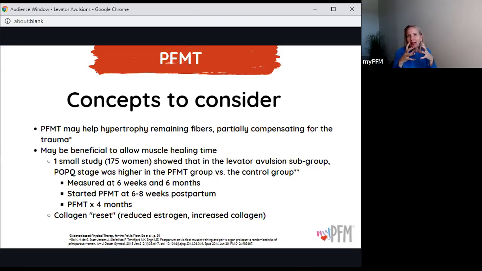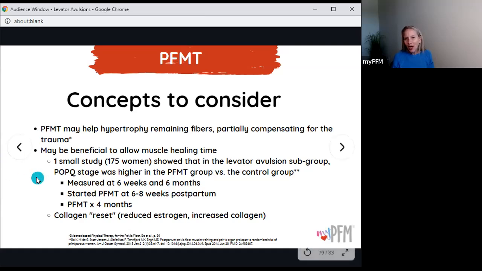Because pregnancy is kind of like a balloon, right? You're growing, growing, growing, and then you have the baby, and that balloon is kind of popping. And so it's going to take time for those tissues to recover and repair.